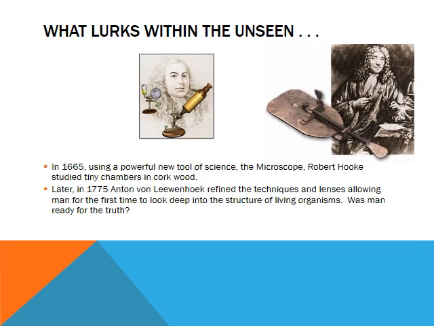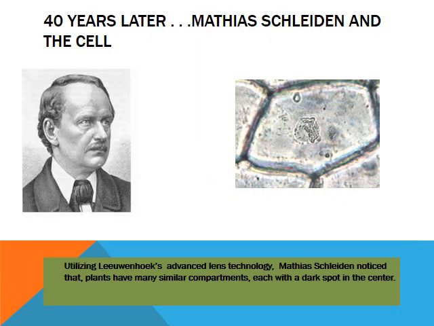So we've had the light microscope since about 1800. We were figuring out how the world was working and what all these little things crawling around in it were. 40 years after that, a guy named Matthias Schleiden, another German gentleman, a plant physiologist, was looking at plants using Leeuwenhoek's technology.